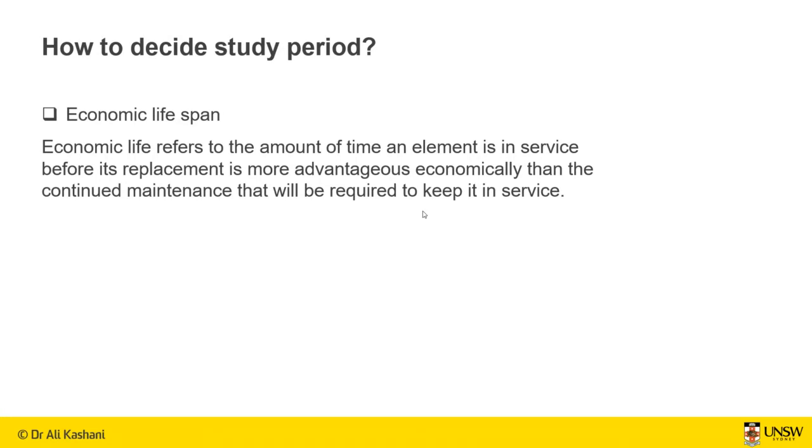Maybe you're paying like 2,000, 3,000 per year just for maintaining that car. And you realize that maybe it's a good time now to just buy a new car. So this is one thing, for example, that decides the study period for that car, which can be 10 years or 15 years based on the level that you use this car.